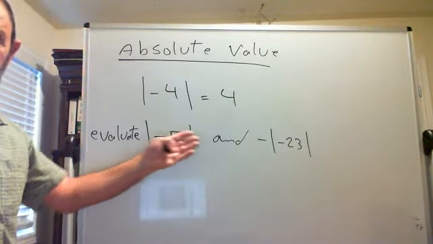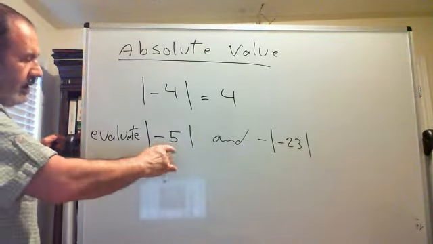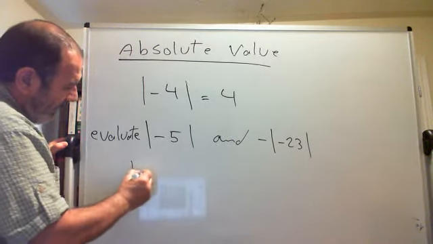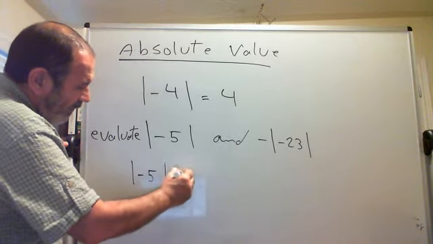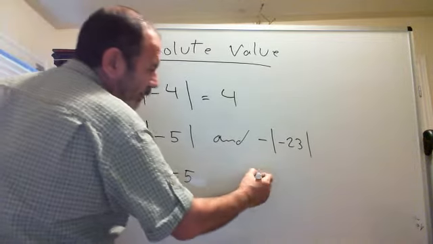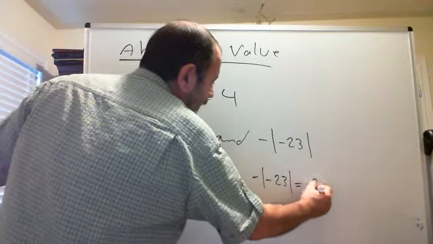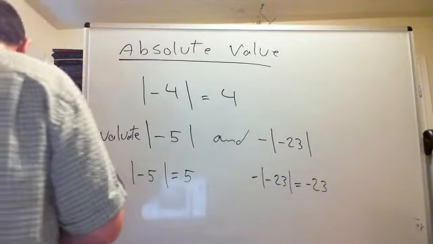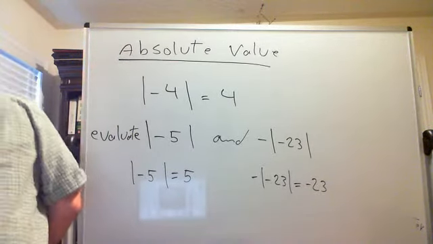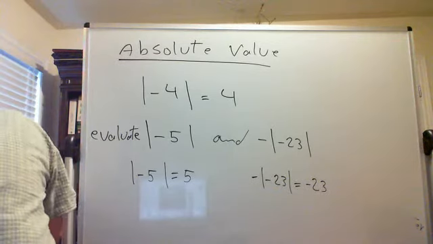Remember, these are two separate numbers. So how much is the absolute value of negative 5? It is going to be 5. How much is the absolute value of negative 23? It is going to be negative 23. Let's do one example.